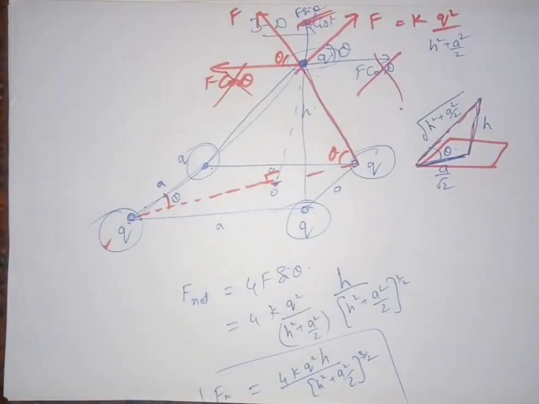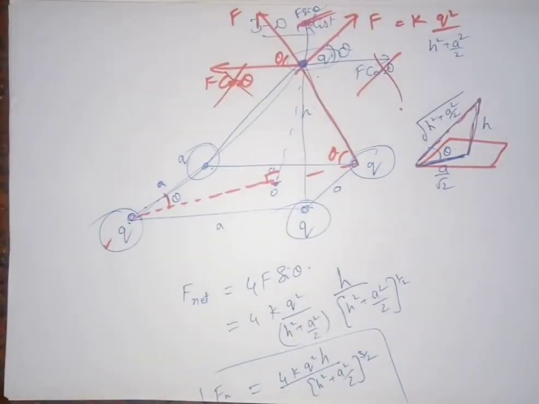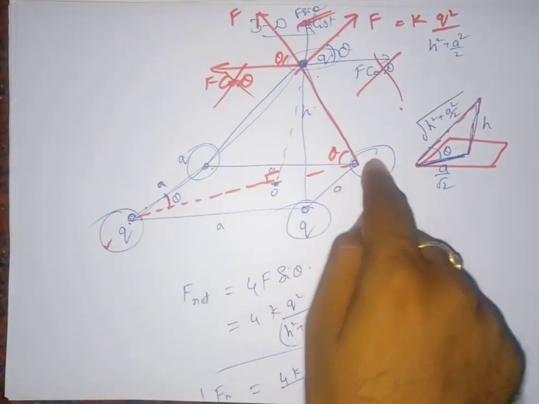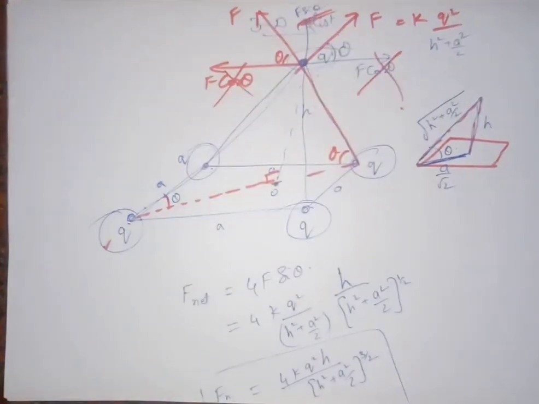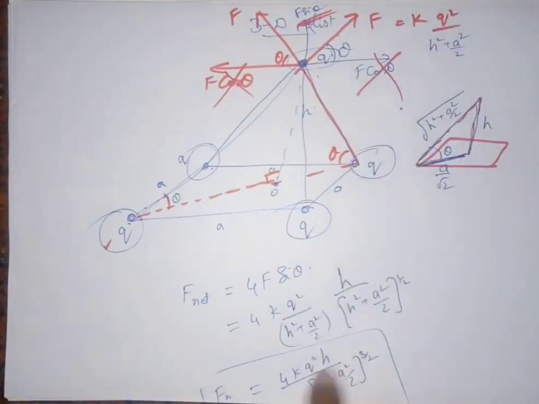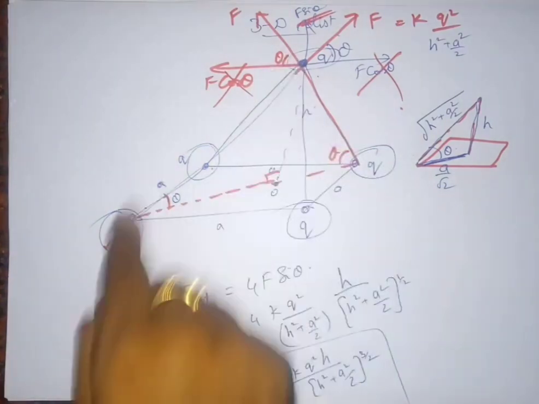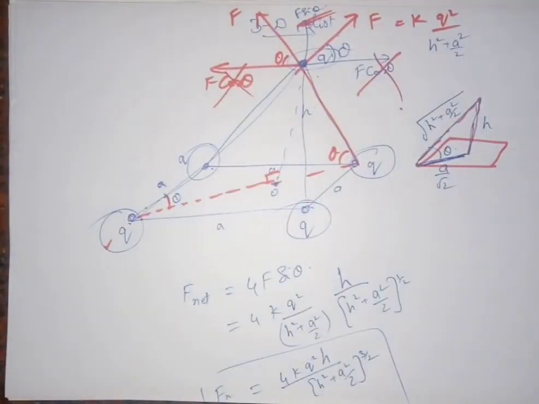That means the force components along the plane get cancelled and the ones perpendicular to the plane get added up, and the net is going to be 4f sin theta because of the 4 charges on this charge. So 4 is 4, kf is this, and sin theta you can get from this triangle. So that's how we get the total force on a three-dimensional distribution.